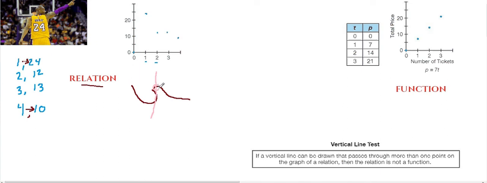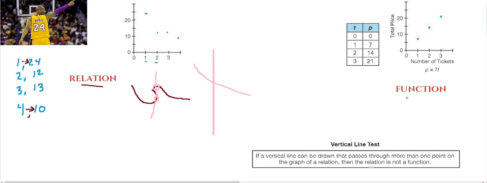It hit once here, it's going to hit again down here. And if that ever happens, it's a relation, not a function. A true function is linear, so it will only touch once. Or even if it curves a little bit, if you draw a vertical line through this, it can only touch once to be called a function.